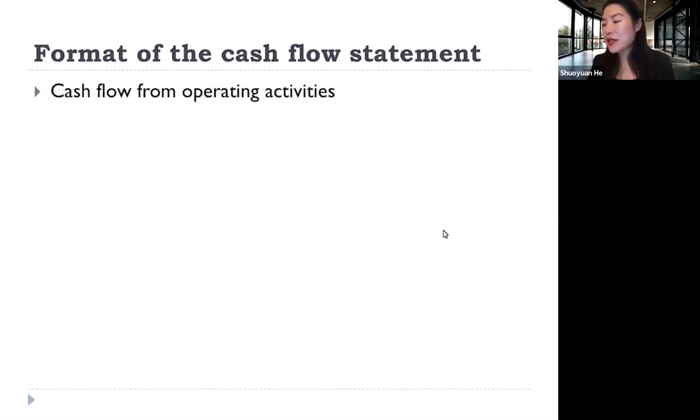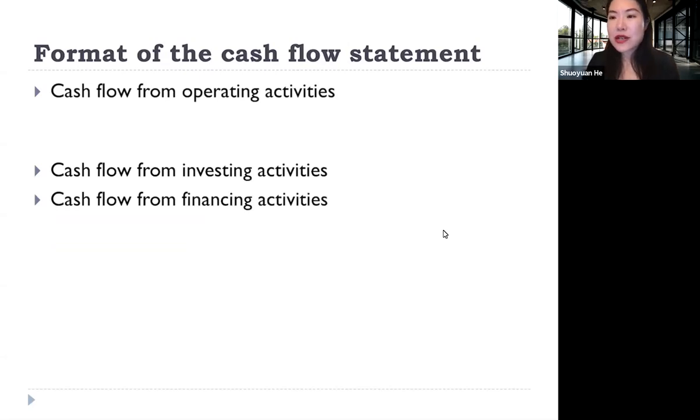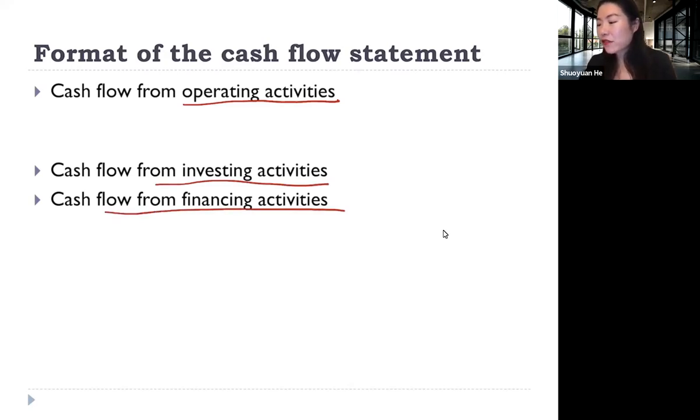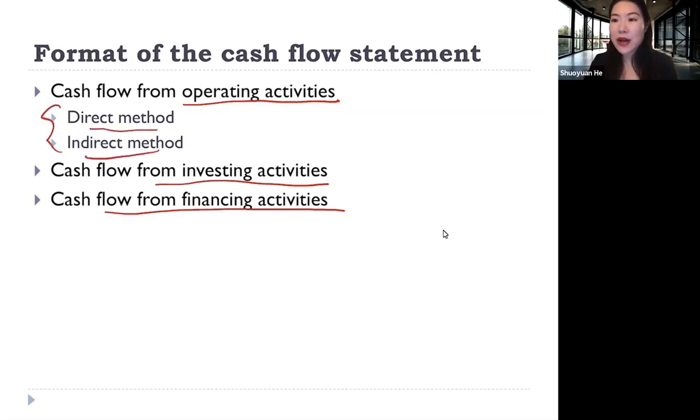Format of a cash flow statement. Cash flow statement includes 3 sections. The first is cash flow from operating activities. The second is cash flow from investing activities, and the third is cash flow from financing activities. And within cash flow from operating activities, we usually have 2 methods to report it. One is called direct method and the other is called indirect method.